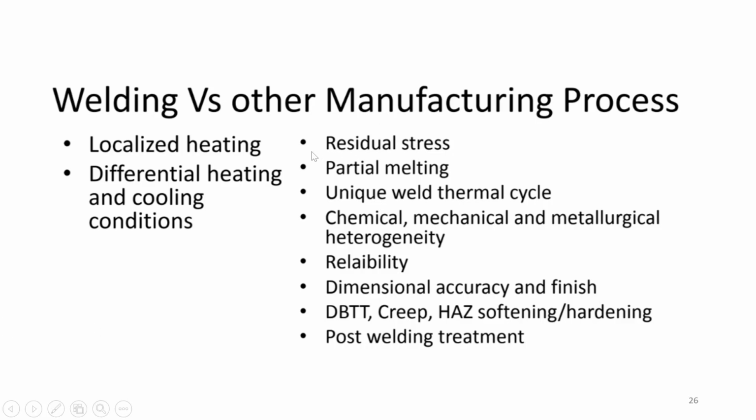Residual stresses: because of high temperature and subsequent cooling, the part will undergo some residual stresses as well. Partial melting: in some cases there can be melting of the base metal as well. A unique weld thermal cycle for all types of welding. Chemical, mechanical and metallurgical heterogeneity.